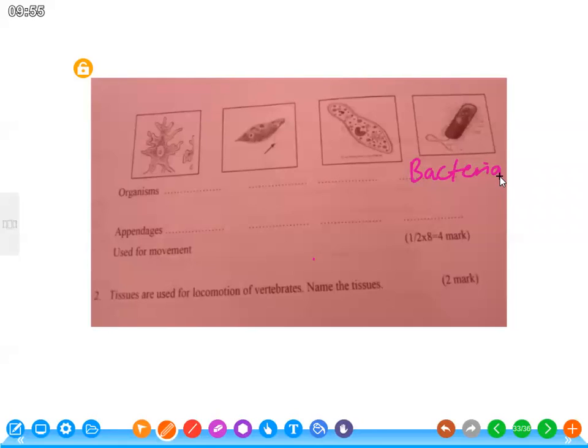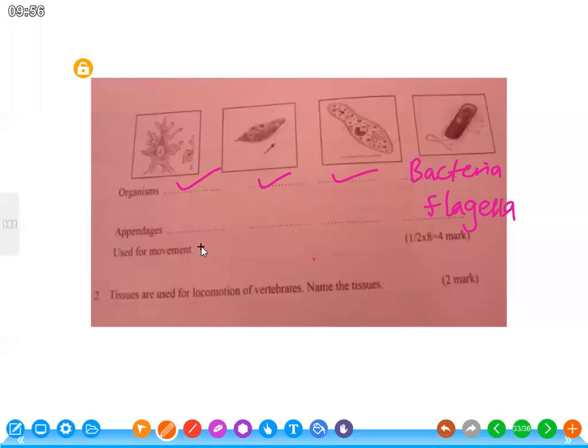Appendages used for movement: flagella. So, first one amoeba, second Euglena, third Paramecium, fourth bacteria. The appendages used for movement in amoeba are false feet, which we can call pseudopodia. Euglena, flagella; Paramecium, cilia; and bacteria, flagella.